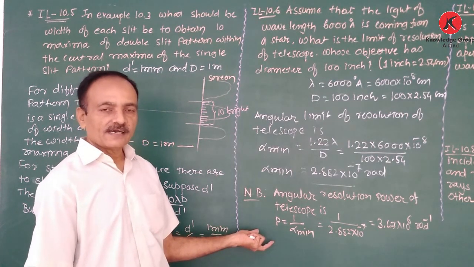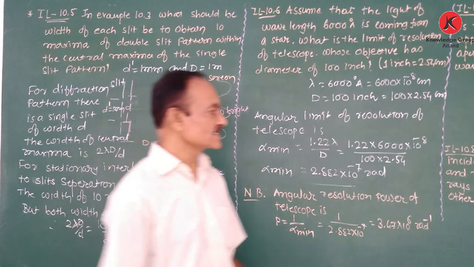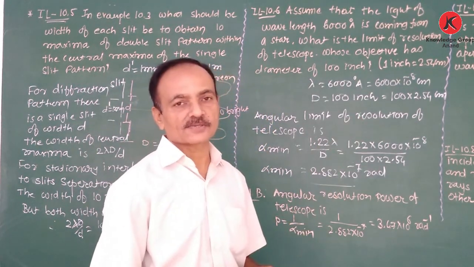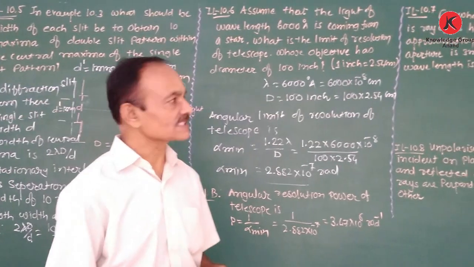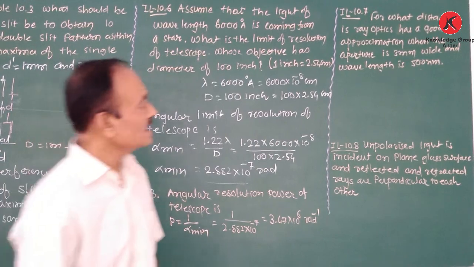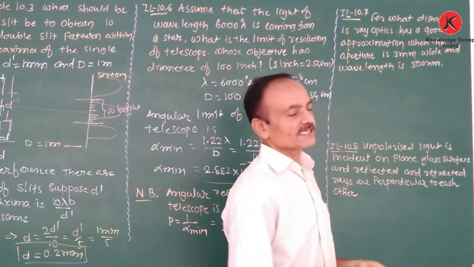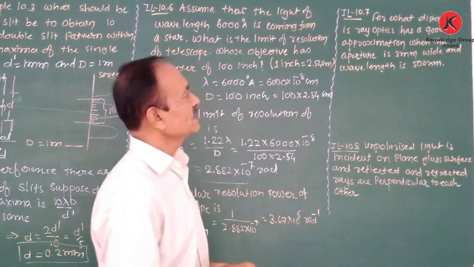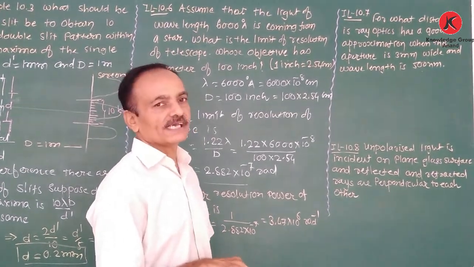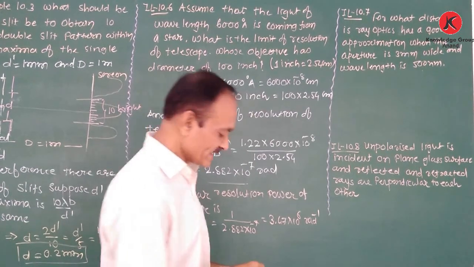Now after that, the next numerical is 10.7. Already we discussed this numerical, it is similar to our numerical of the exercise. We find out the Fresnel distance. Here in illustration 10.7, for what distance does ray optics have a good approximation when the aperture is 3 millimeter?